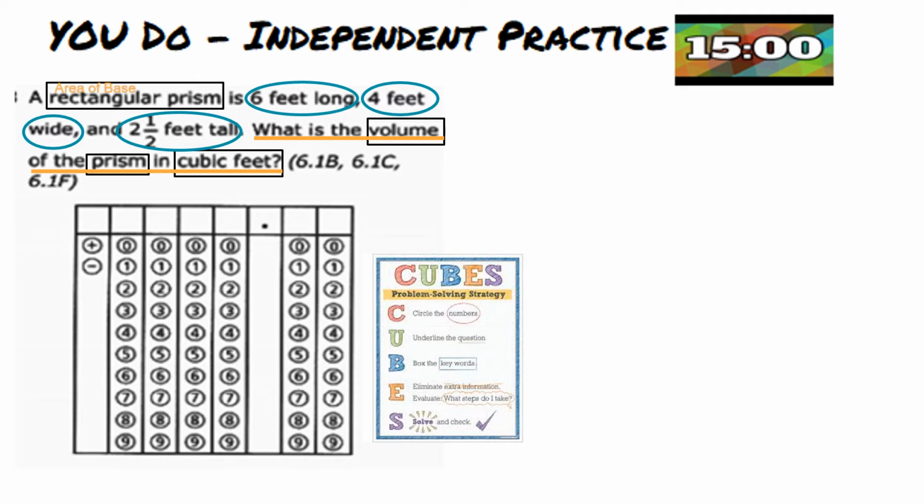Rectangular: we notice on our anchor chart or our reference sheet that for a rectangular shape, we can find the area, and that would be the area of the base. Prism: on our reference sheet, we know we can find that under volume, so we're looking for the volume of a prism shape.